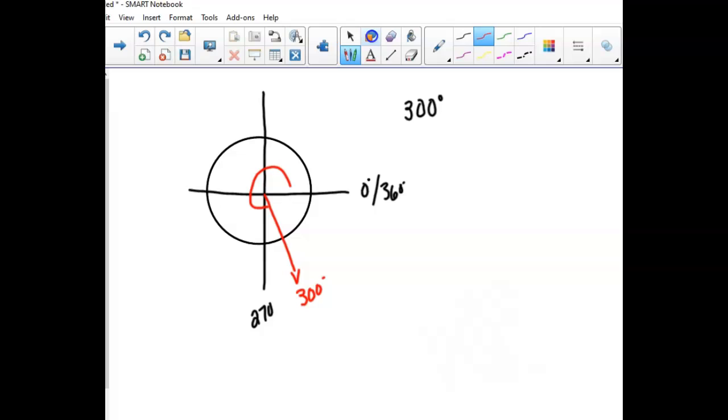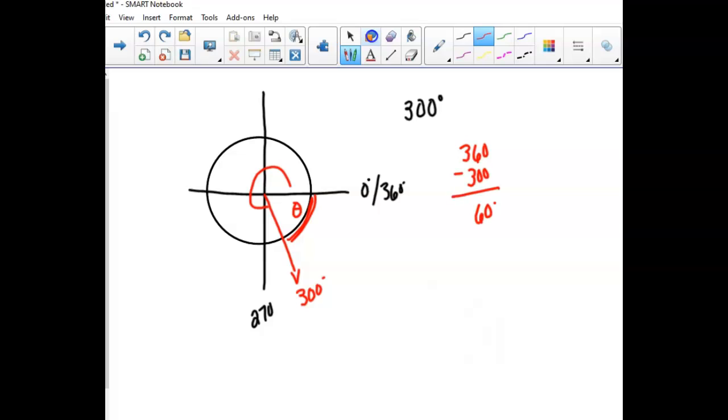So 300, so we are looking for this angle, and you always subtract it in the way that makes sense, and you just go, what is the difference between 360 and 300? 60. So we'll do 360 minus 300 and get 60.